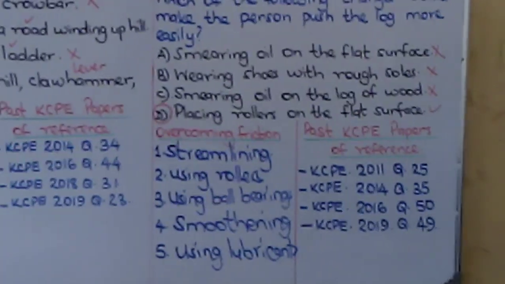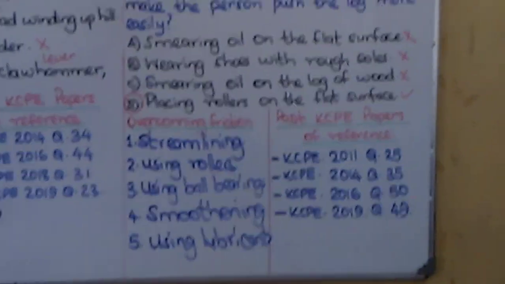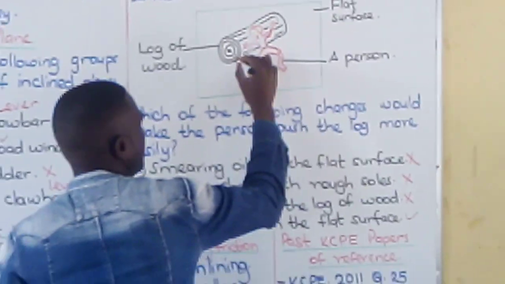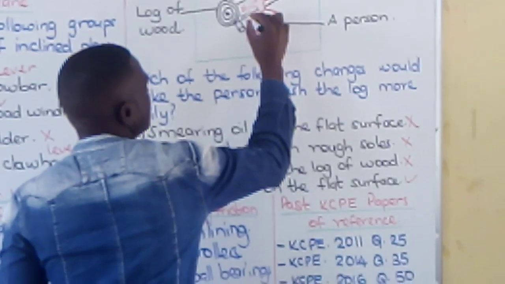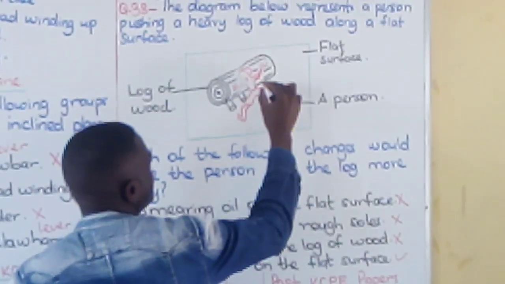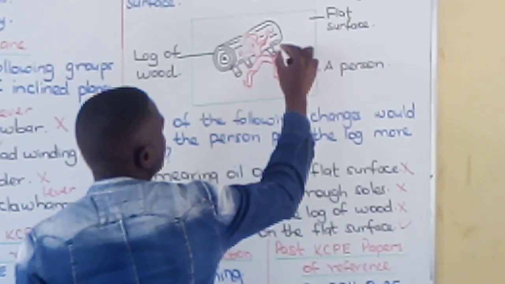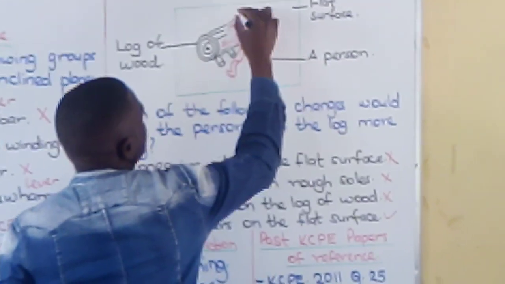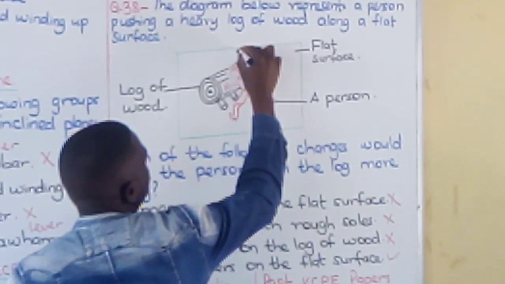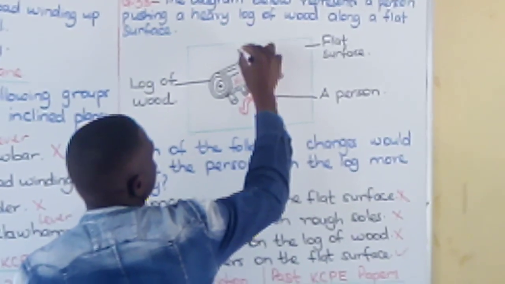Let me explain that bit. Now, we will have to place rollers that way. These rollers come through the other side.